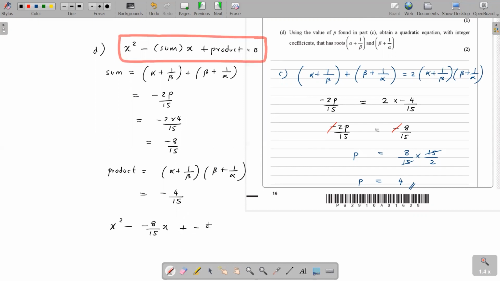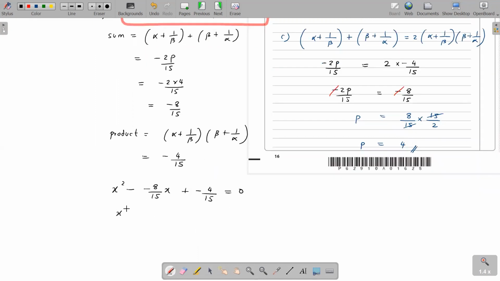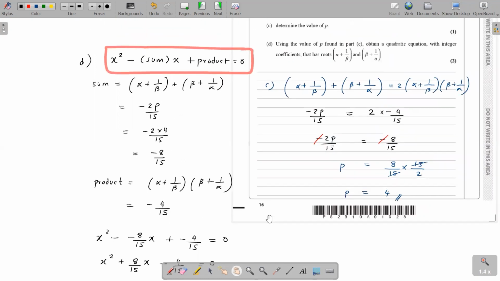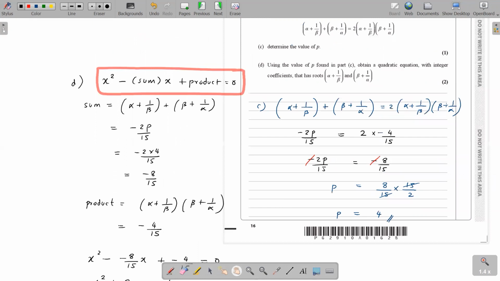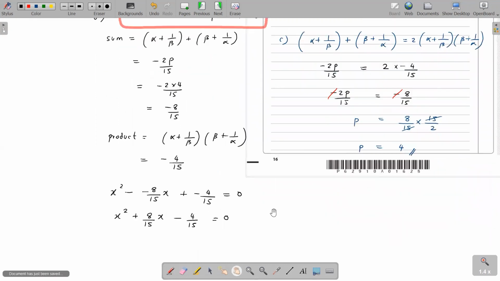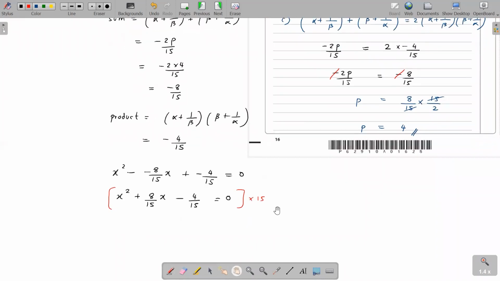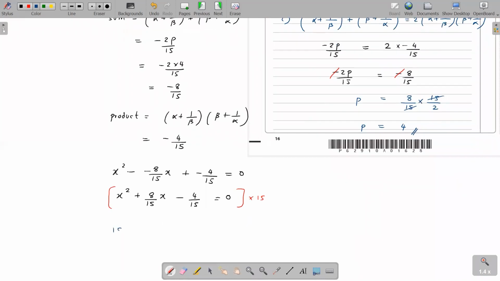Plus product of roots, which is minus 4 over 15, equals to 0. So x square plus 8 over 15 times x minus 4 over 15. Now, is this supposed to be our final answer? They tell you to find the quadratic equation with what? Integer coefficients. So for integer coefficients you multiply the entire equation by 15. So you get here 15x square plus 8x minus 4 equals to 0. Is this clear?